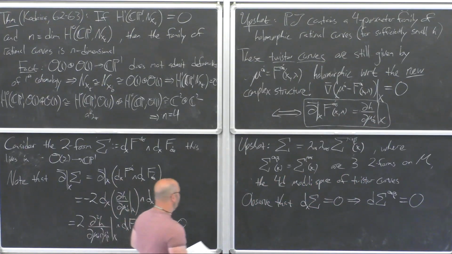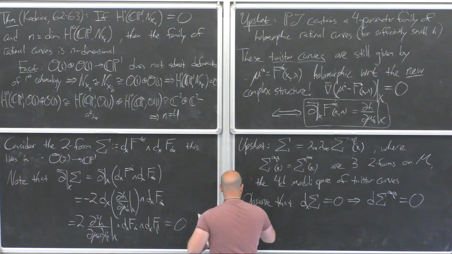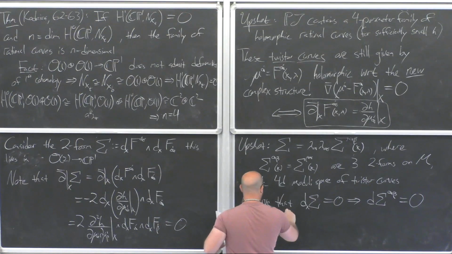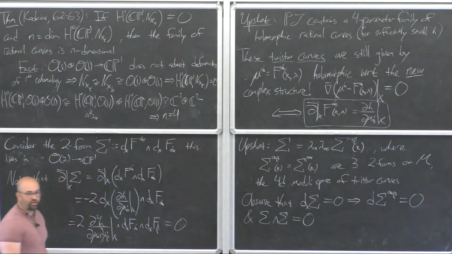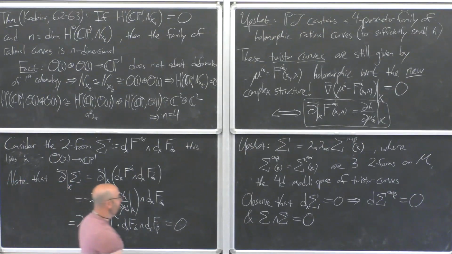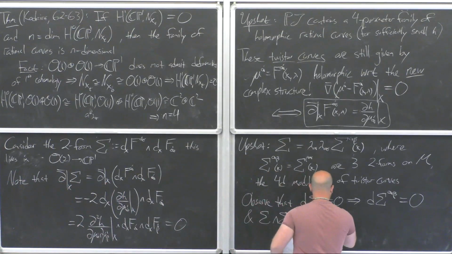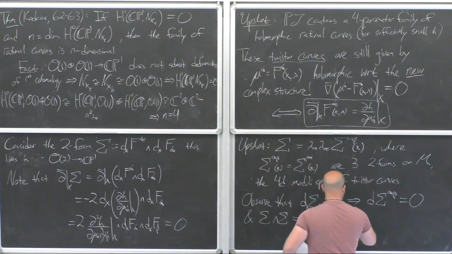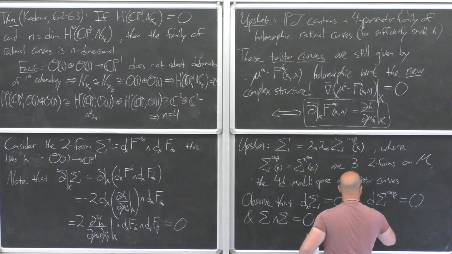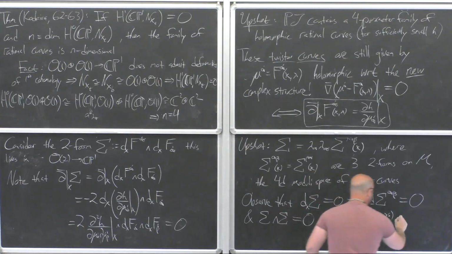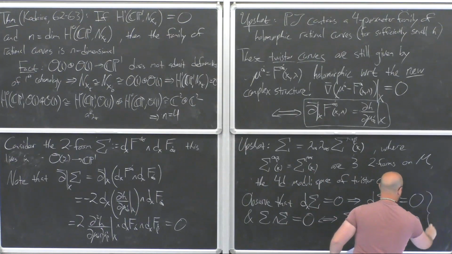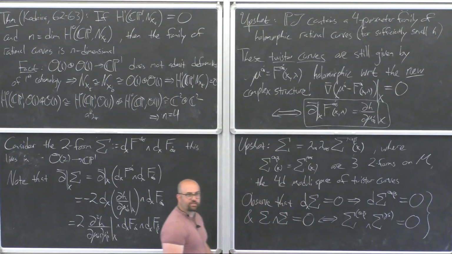Furthermore, if I take sigma and wedge it against itself upstairs, I automatically get 0. That's equivalent to saying that sigma alpha beta wedge sigma gamma delta, totally symmetrized over all their indices, is equal to 0. So I get these two equations on this triplet of two forms for free.